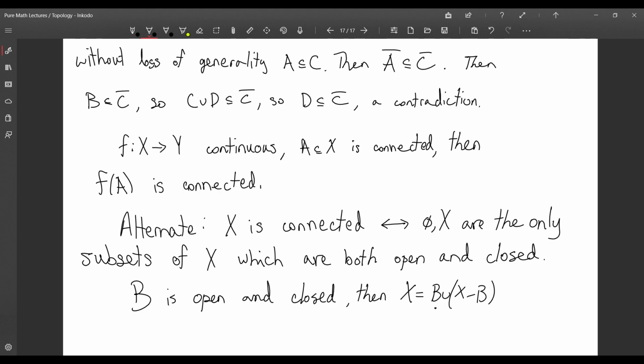Because B is open and B complement is open, and these are disjoint. So we have a contradiction that way. Of course, this only proves one direction. You have to also show the other direction.